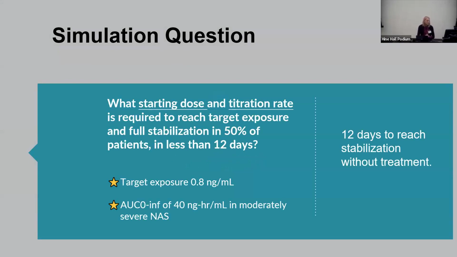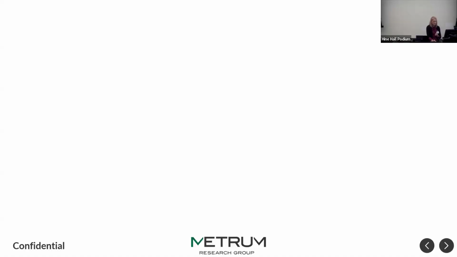And this 12-day benchmark comes from our PD model that was developed, where if we didn't have any treatment on board at all, the model derived that it took about 12 days for the infants to reach stabilization. Also from that model, we found that our target exposure for stabilization was about 0.8 nanograms per mL. And this was the equivalent of an AUC of about 40 nanograms per mL in patients with moderately severe NAS.